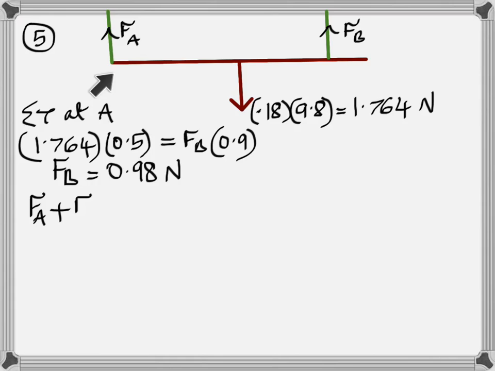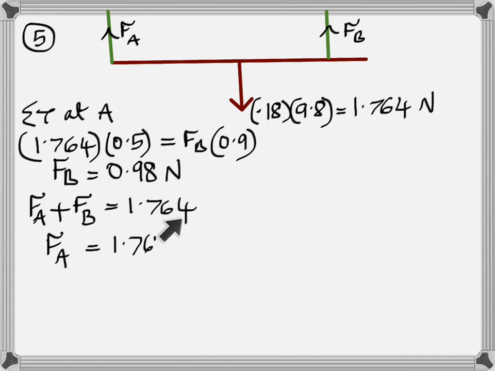Remember, we're taking it at this end, so you measure both distances from there, 1 and 2. This creates clockwise and this creates counterclockwise. And again, the sum of the forces is equal to the total down.